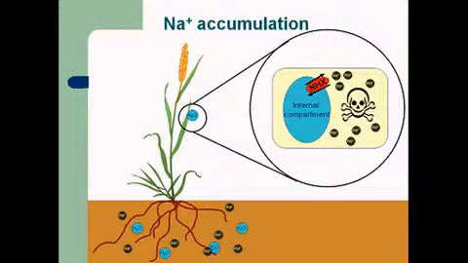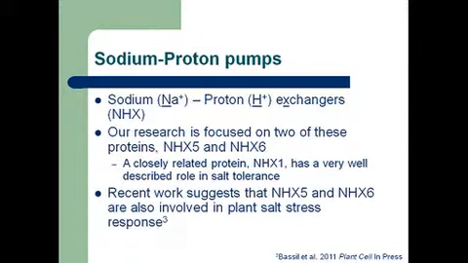And what my project really started off looking at was, can we use this mechanism to improve salt tolerance in our crops? The pumps themselves, they're called sodium-proton pumps, or NHX proteins for short. And they do kind of exactly what they sound like.